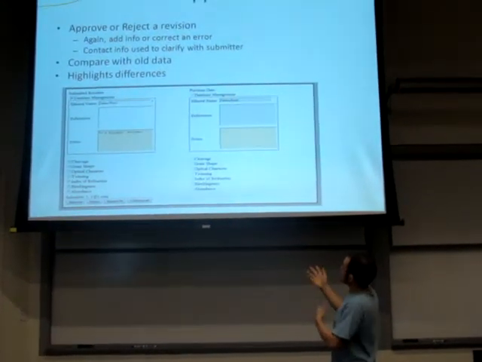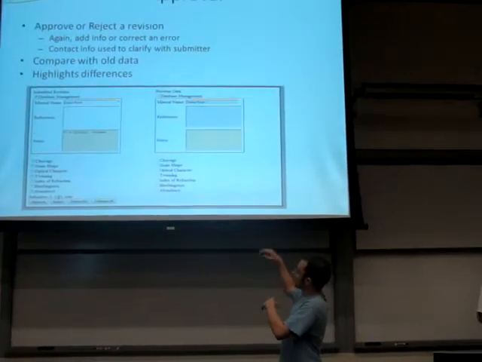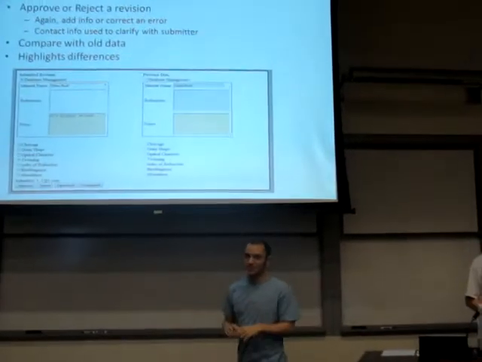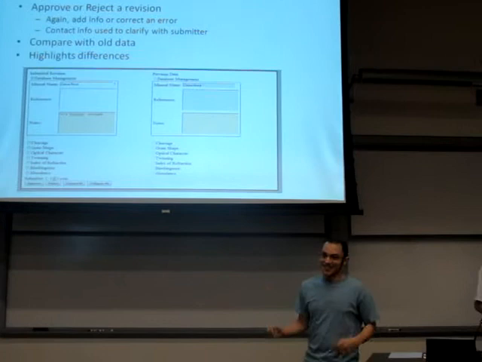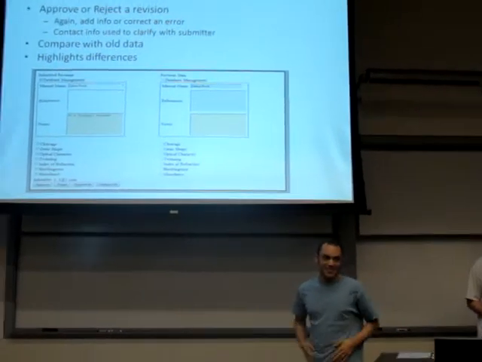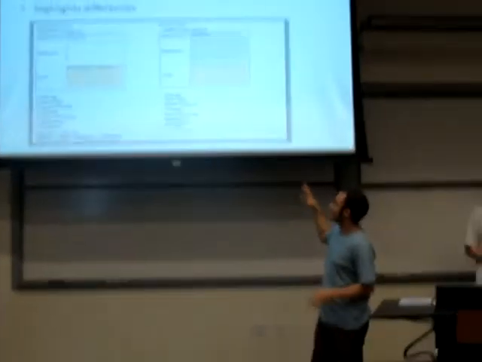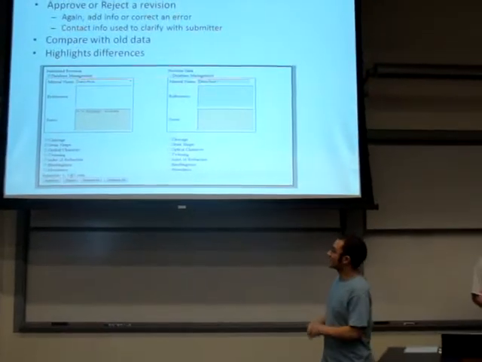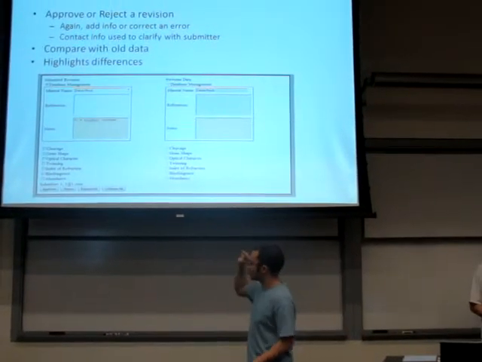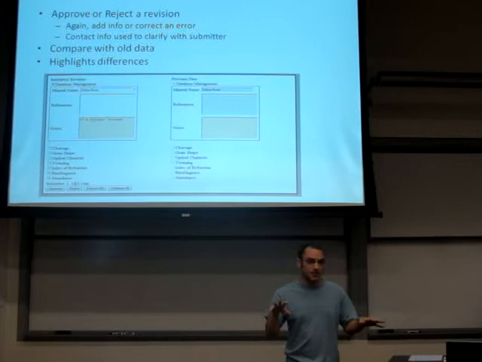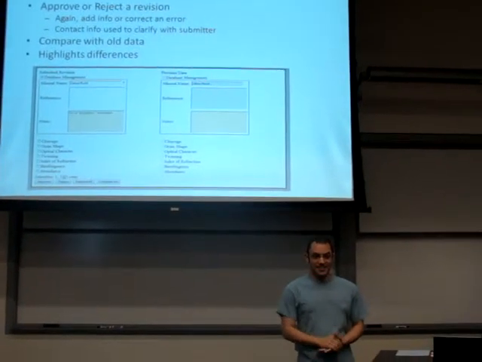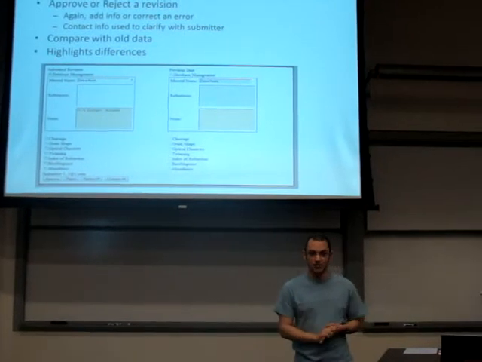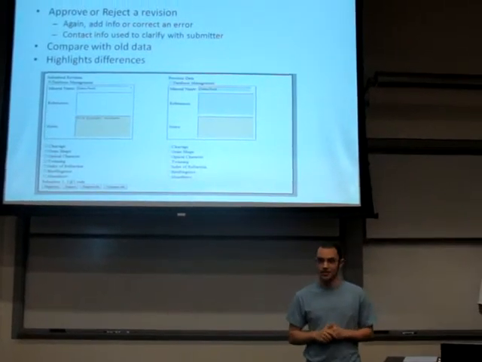So the idea is, say someone saw the zebra rock in the database and was like, well, I've seen one of these and it's freaking striped, so I'll put that in the notes because it's important. Then an expert user can come along and say, hey, that's a really good point, and approve it. And then it goes straight into the database, and that data is available immediately for other users.